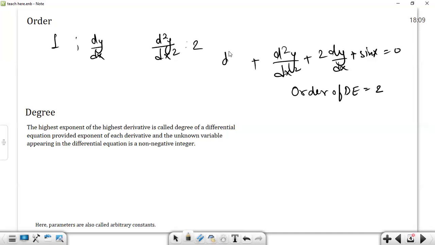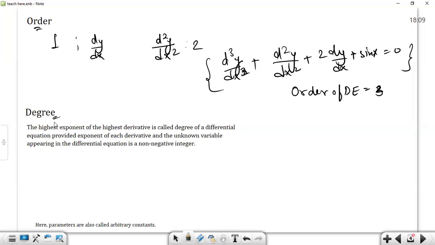And if there is a presence of a higher order derivative than 2, say 3, then the order of the complete differential equation will be 3. So this is how we can understand this. Clear? Yes, sir.